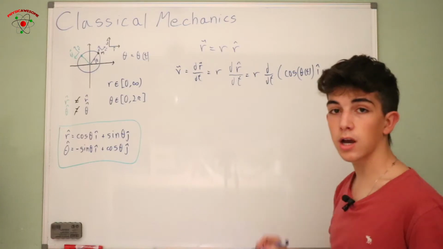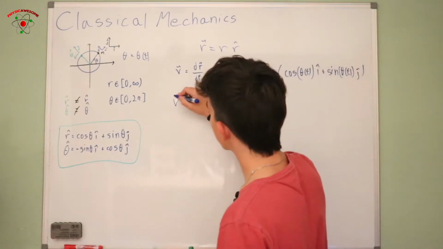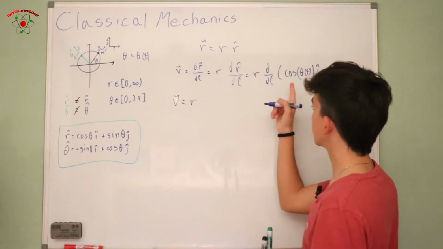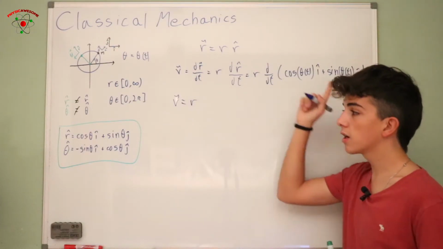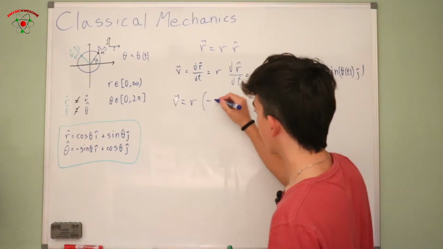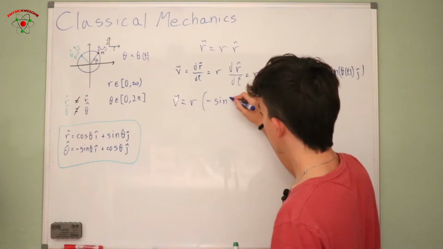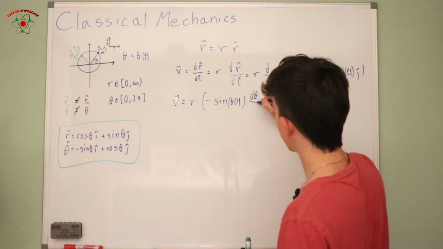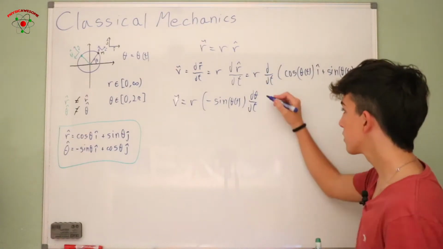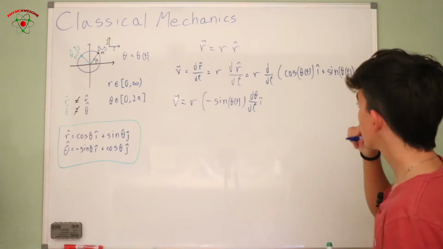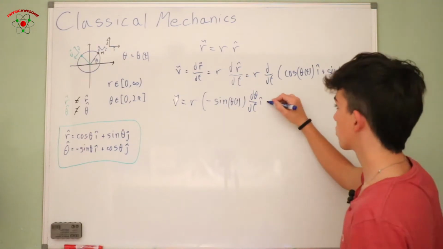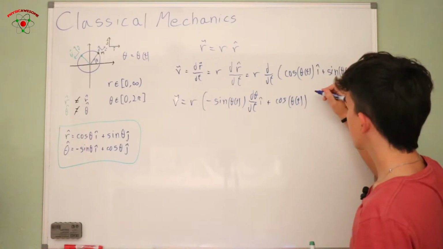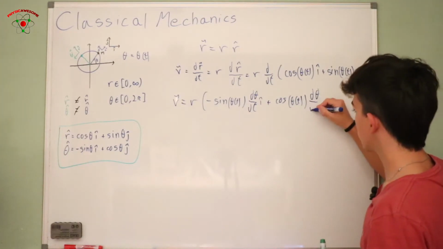If we carry out this differentiation, this is equal to r times cosine theta goes to minus sine theta, and we get by the chain rule another term, d theta dt, in the i hat direction, and the sine theta goes to cosine theta of t once again, and we will get the d theta dt term.